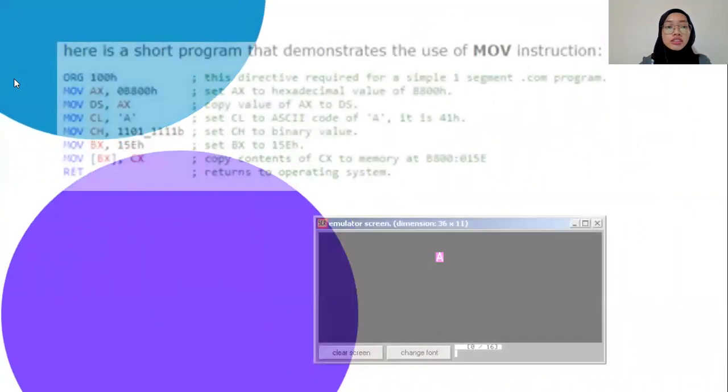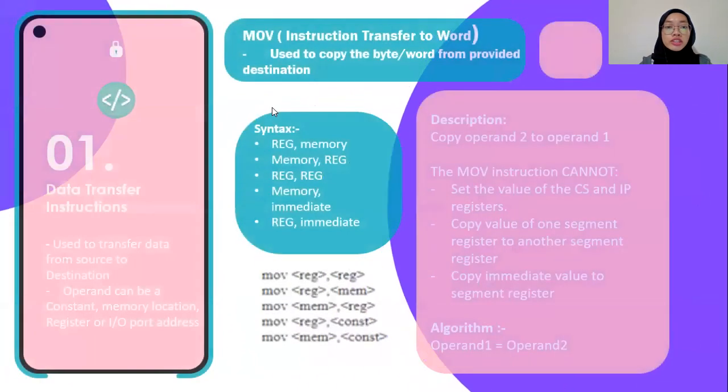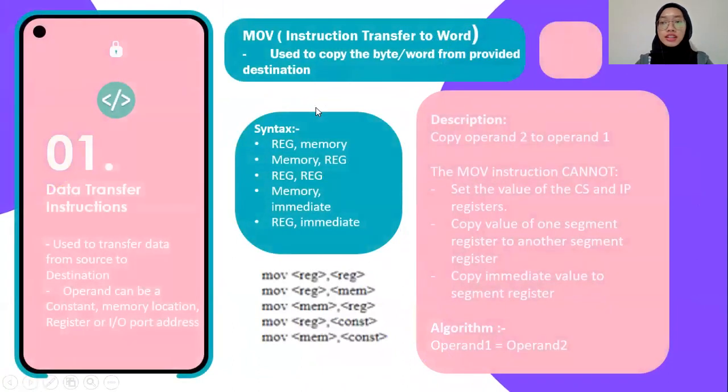So the syntax for this particular instruction is MOV reg, memory; memory, reg; reg, reg; memory, immediate; and reg, immediate. How to write it can look as follows. In the picture inserted on the slide, that is how we can write it on our emulator.